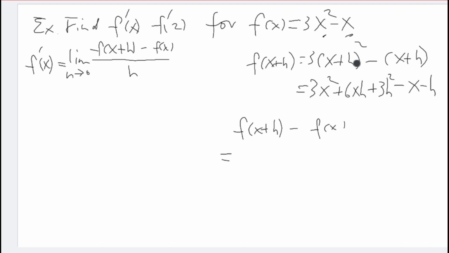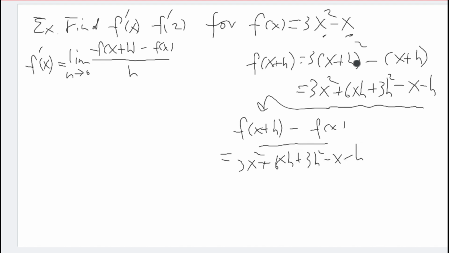Now, let's see the difference here. So first, we're going to plug in this part for that. So 3x squared plus 6xh plus 3h squared minus x minus h. So this is the first term. The second is f of x. Well, it's up here. So we're going to have 3x squared minus x. Okay?